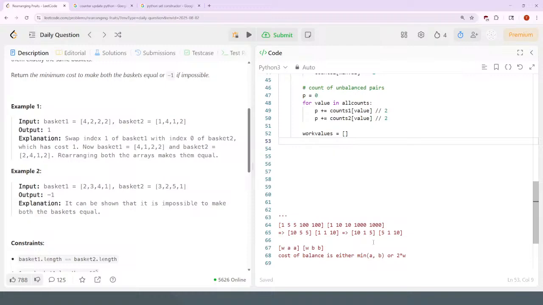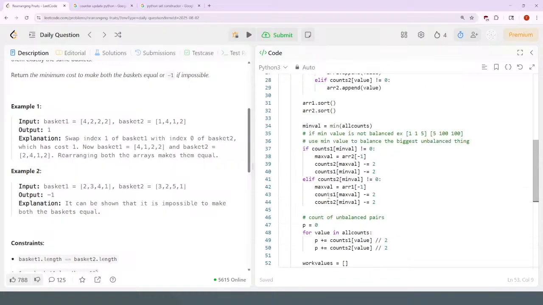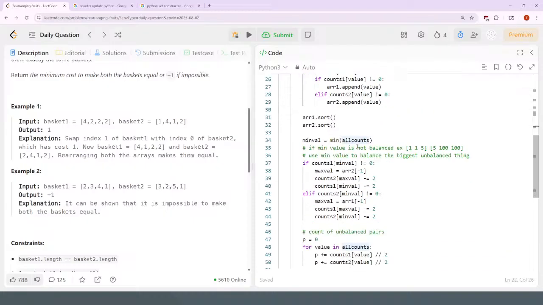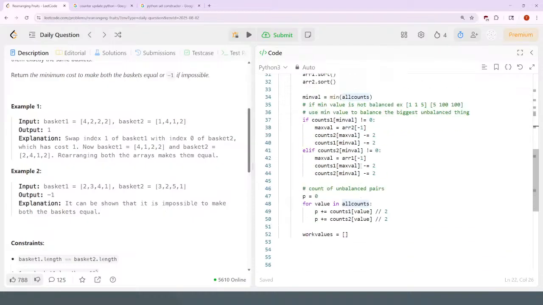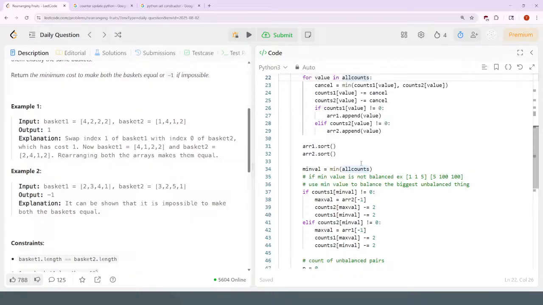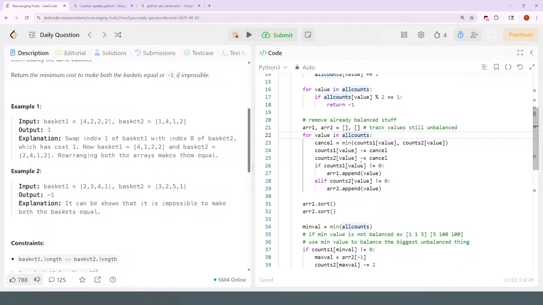Actually, I guess this is fine. Maybe I don't need to go through. Maybe I actually need to sort all counts. All counts was what? All counts is a dictionary. I need to go through the sorted version of all counts.